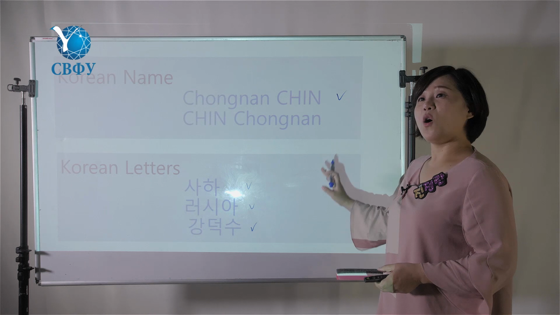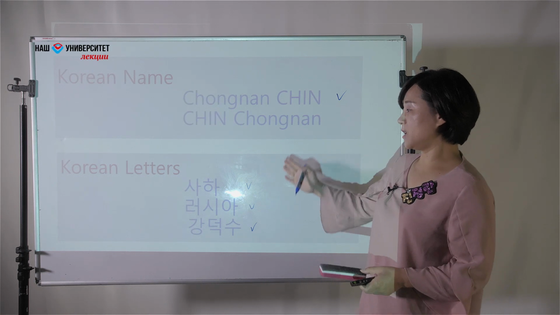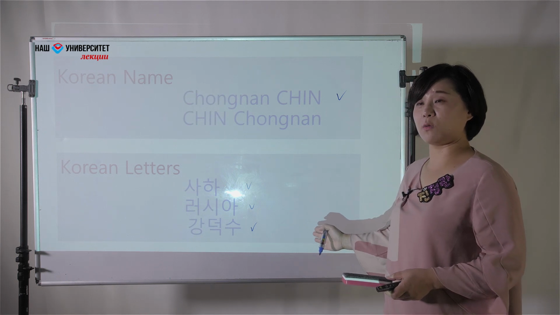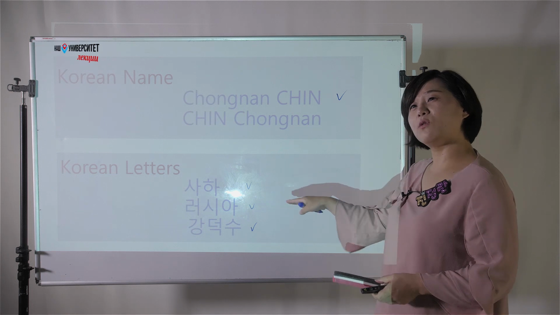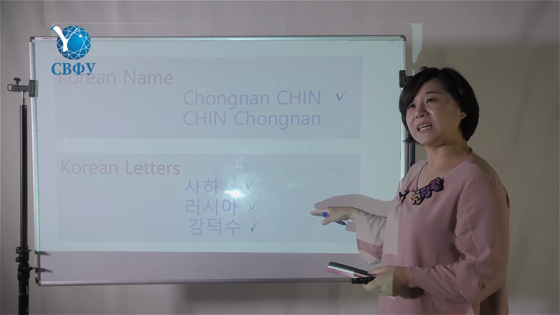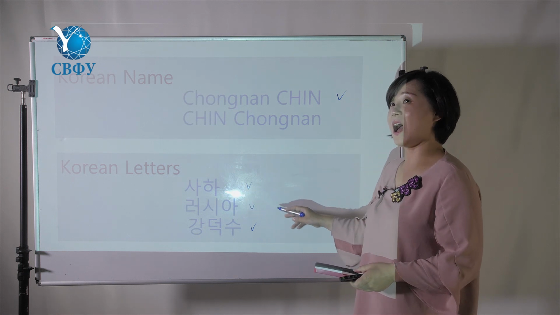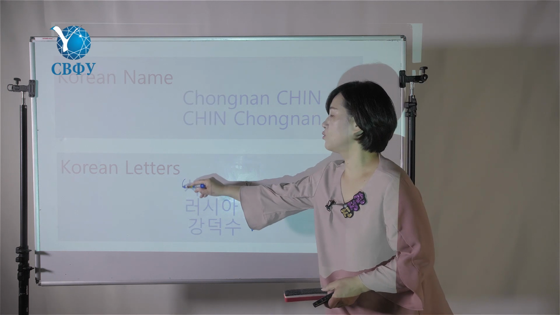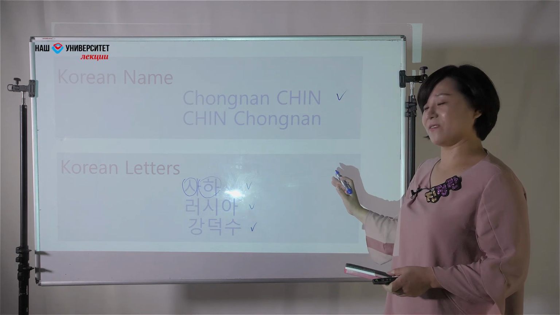Even though the sounds are different from your language, you can guess what they mean, right? But if you see the words in Korean, did you see some blocks in the words? For example, 사하. There are two groups of sound, two blocks. What about Russia?